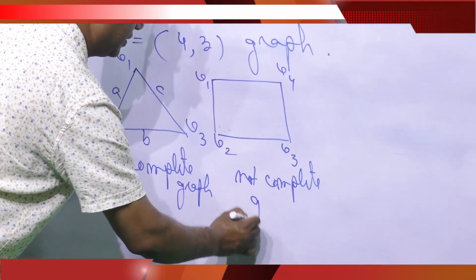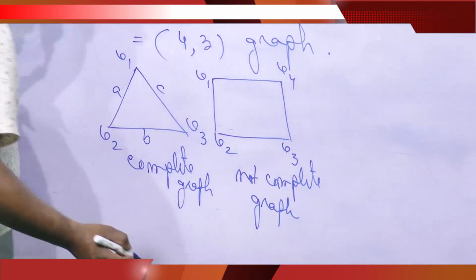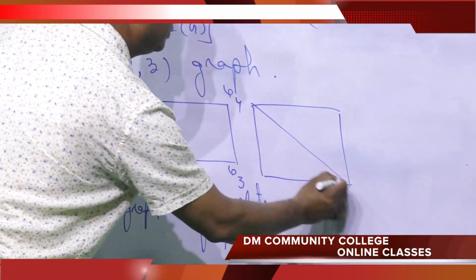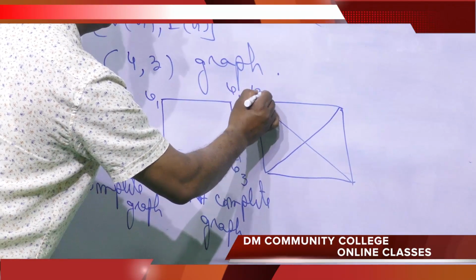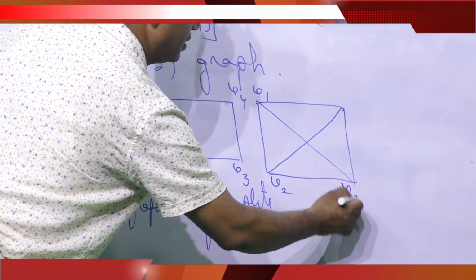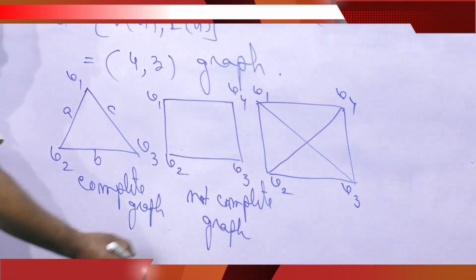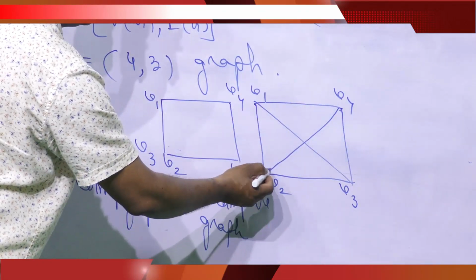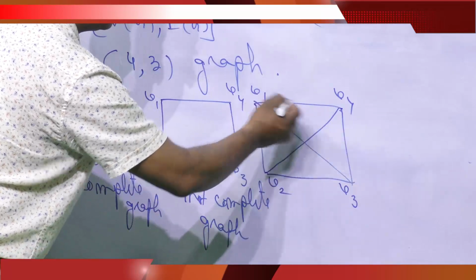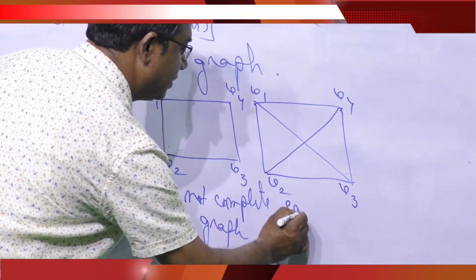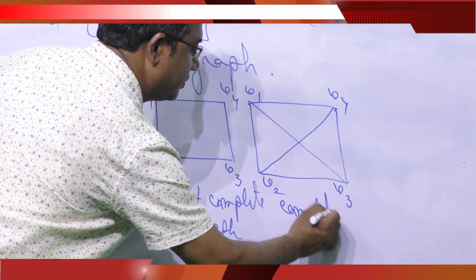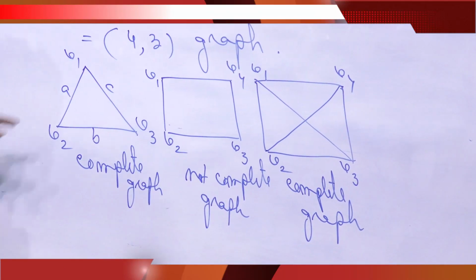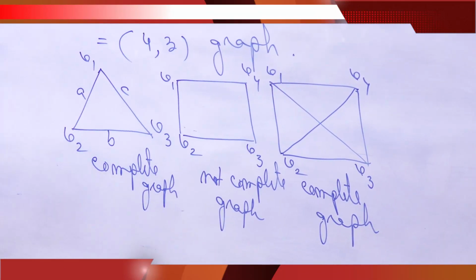Suppose there is a graph with V1, V2 as a set of vertices. So this is a complete graph. Any two vertices are adjacent, all are connected. This is complete, this is complete, this is not complete.